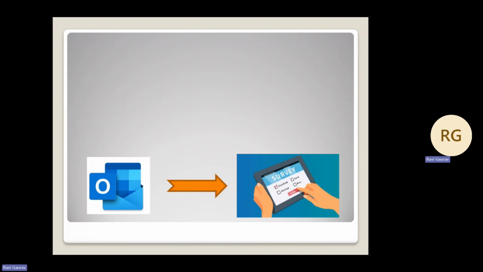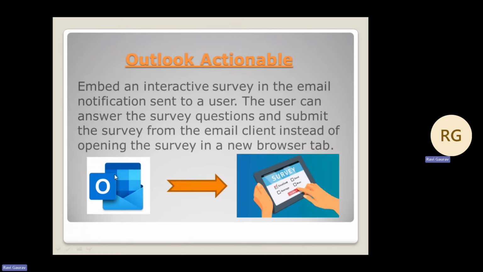So basically, what is an Outlook actionable message? Over here, we have the Outlook side, and when anything is resolved or finished by the vendors for the customers, a survey will be sent to the dedicated email ID provided by them. This is called your Outlook actionable icon.